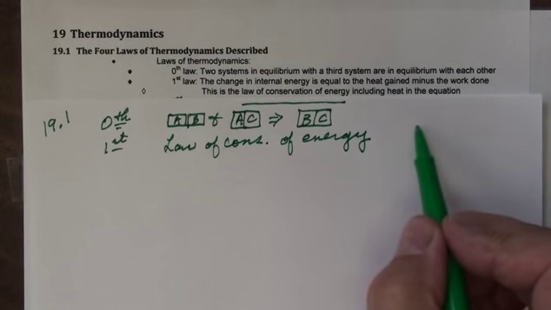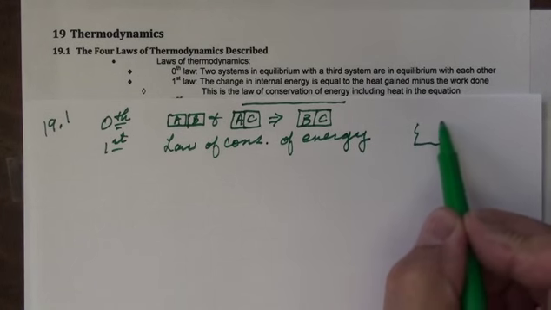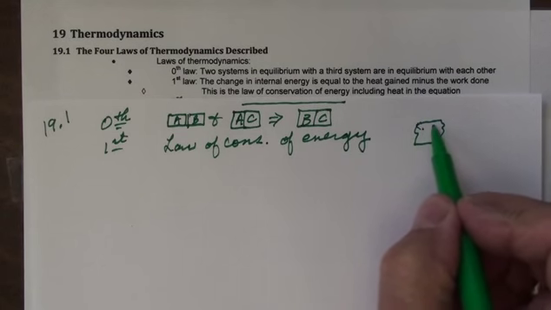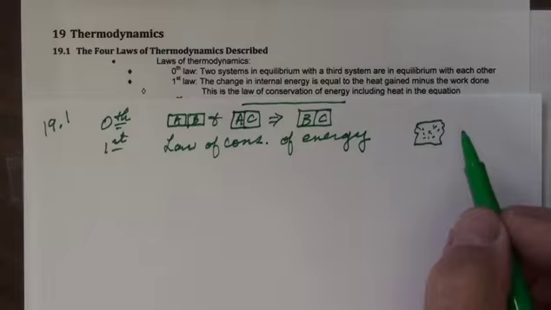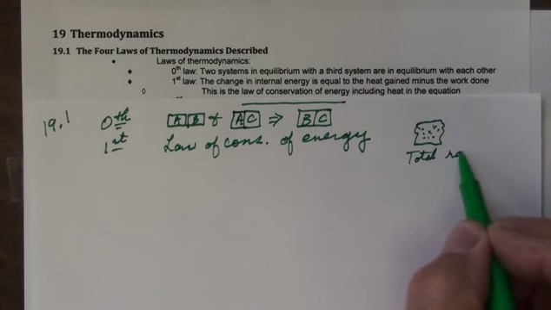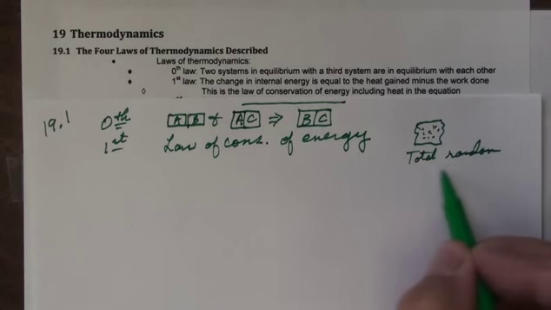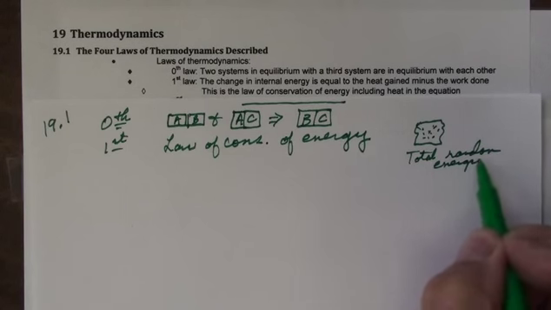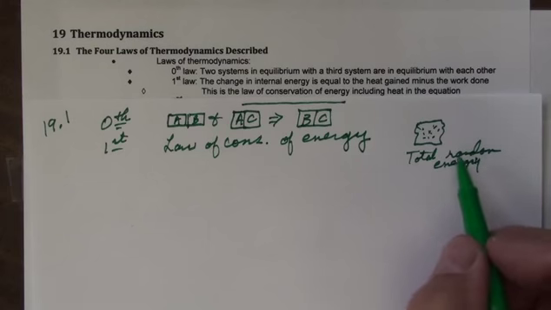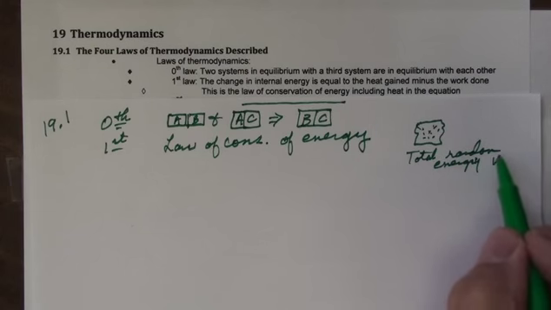And it basically says that if we have some system here, and if we look at the total internal energy, which is going to be the total random energy, usually kinetic, but it could be potential or rotational or whatever. This is the term that we've previously used as U.